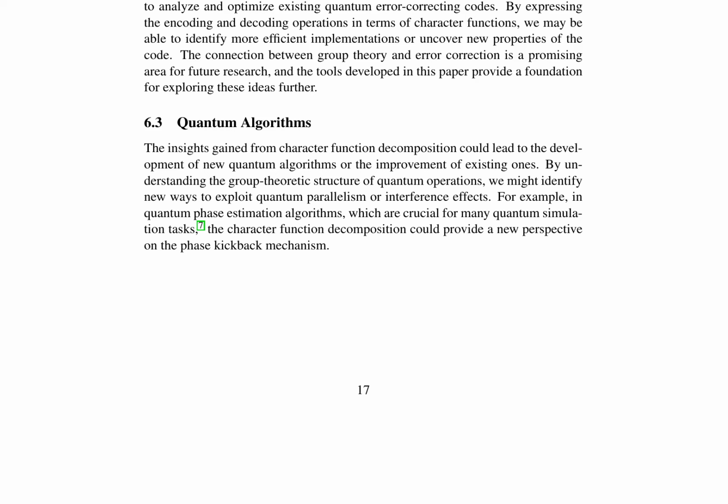This approach also offers a new perspective on optimizing existing quantum error-correcting codes and quantum algorithms, like quantum phase estimation. The connection between group theory and quantum error correction is a promising area for future research, and the tools developed in this paper provide a foundation for exploring these ideas further.